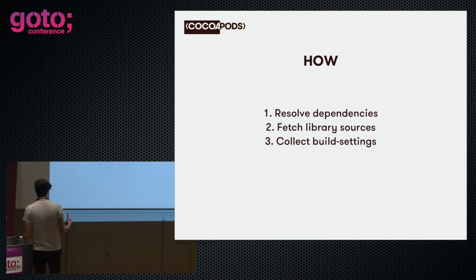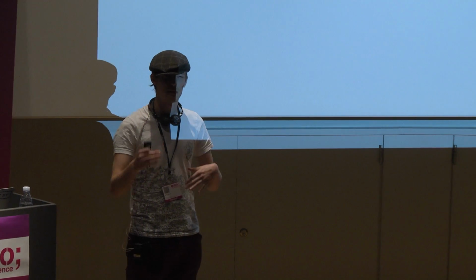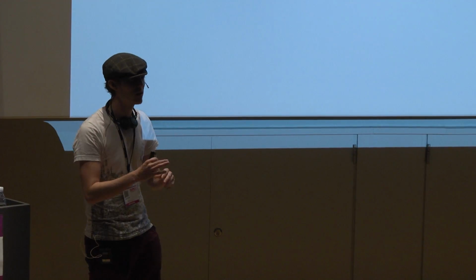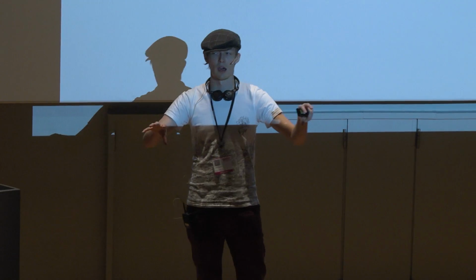And then we collect all the build settings. Again, I'll show you an example of how we do this, but we want to make sure that each individual library is kind of siloed into its own area, wherein it cannot then have its build settings affect another library.